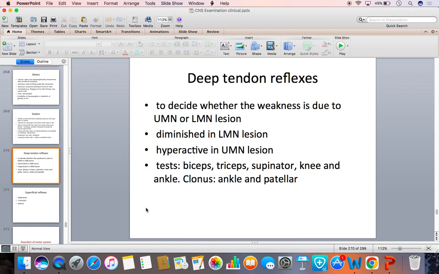Deep tendon reflexes are monosynaptic, that is, the center is in the spinal cord, whereas superficial reflexes are multisynaptic because their centers are far above, in the sensory area of the cerebral cortex.